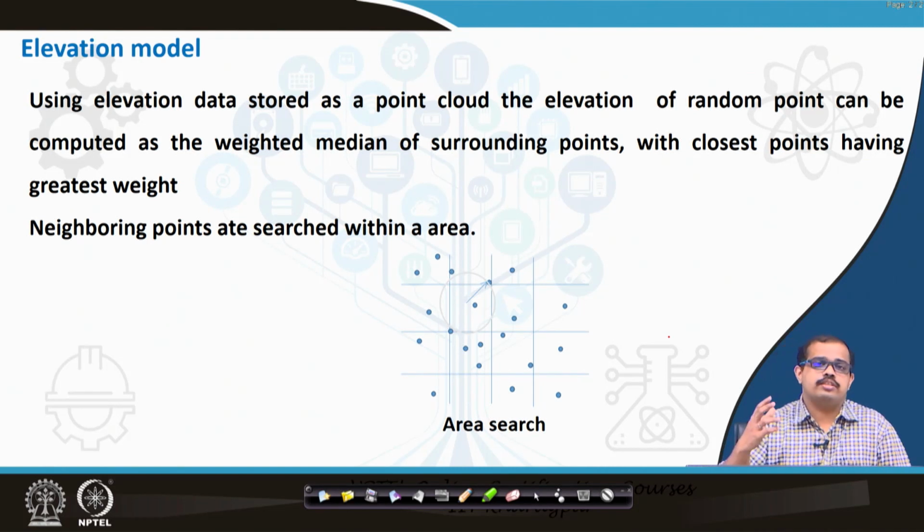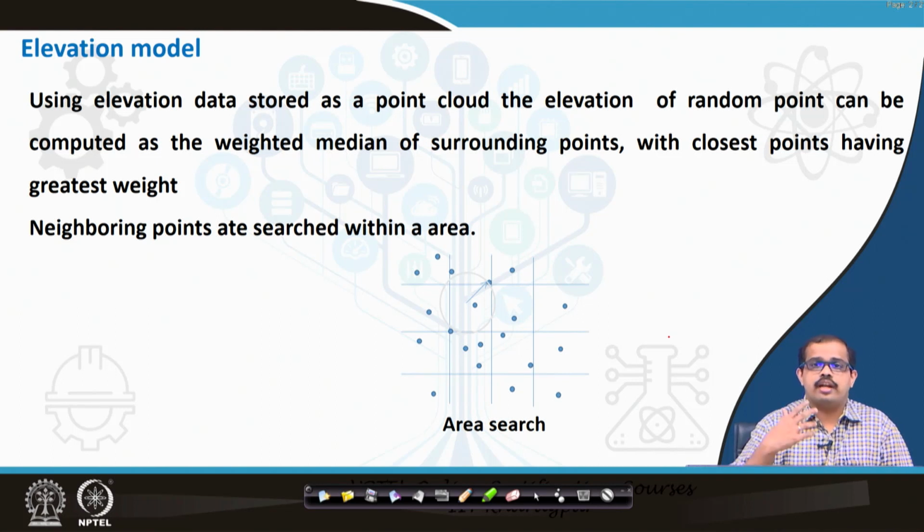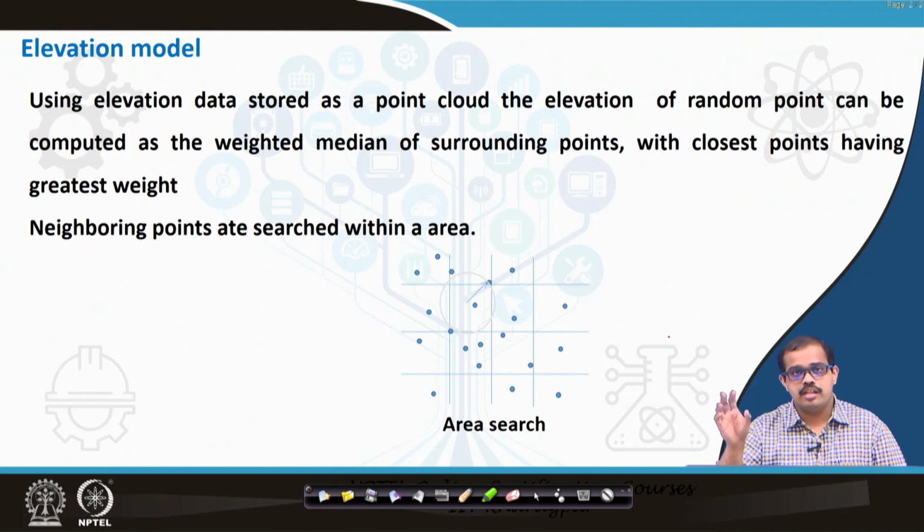Here you have elevation data that is stored maybe in random points. Based on the computed weighted means of the surrounding points, using the closest point, you try to find out what is the greatest weight. Nearby points are searched within that particular area, and you find out the elevation at that particular point. So, that is an elevation model.